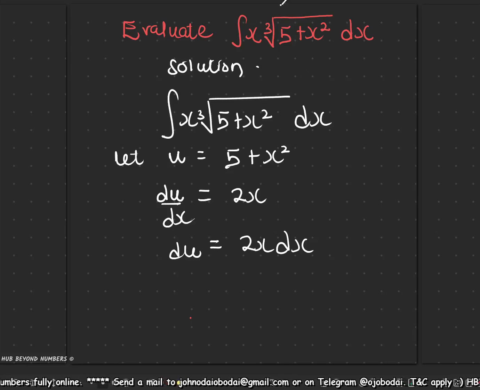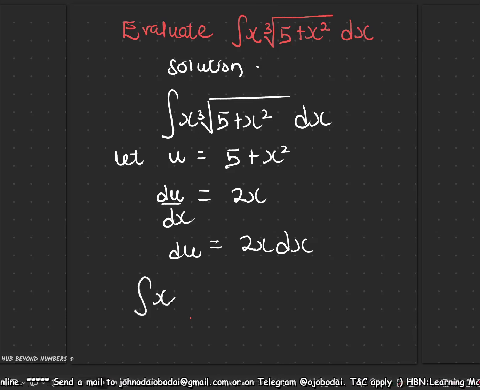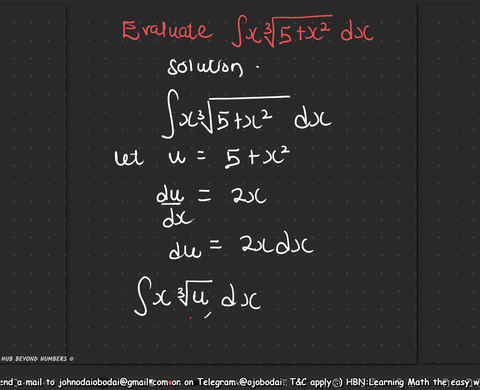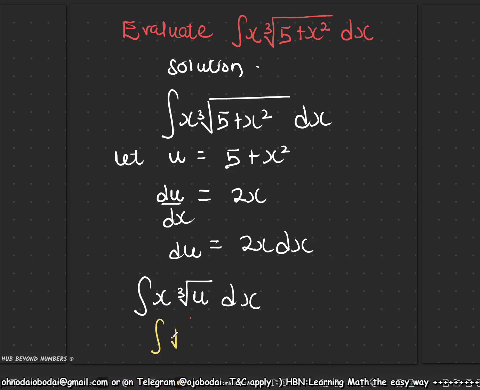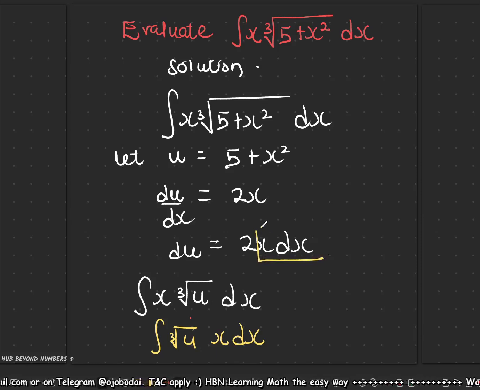All right, now if we look at what we did carefully, and if we substitute the u we used over here, it simply means our integral now becomes the integral of x with the cube root of u dx. And if you want to rearrange this one, then we are going to get the integral of the cube root of u, then x dx. You see, this is the x dx over here. I hope you see that.